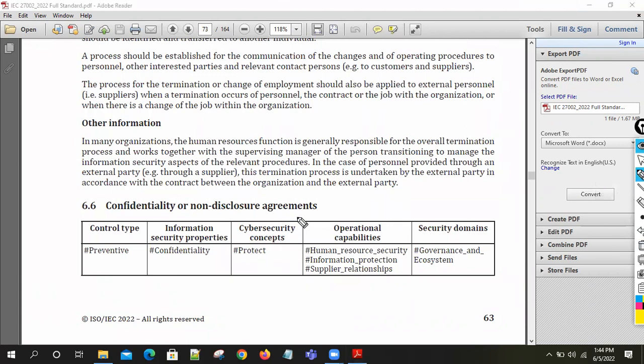This will protect you from a condition where an employee or your vendor or someone is trying to share the data. If they have signed an NDA, they are not going to share anything. So it comes under preventive. In cybersecurity terms, it comes under protect, and it is applicable to human resource security, supplier relationships, and also information protection.